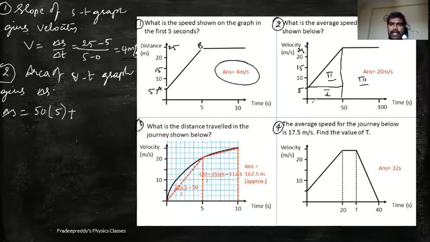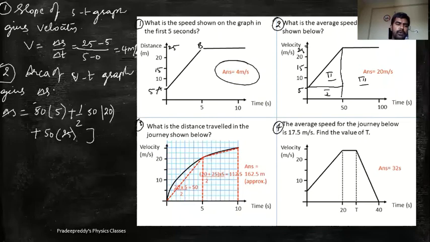Half base is 50 minus 0, that is 50. And what about height? Height is equal to 25 minus 5, that is 20. Plus the last one, it is a rectangle, that is 100 minus 50 into, along this vertical it is 25 minus 0, right? And finally it will be in meter everywhere. Totally this is in meter.